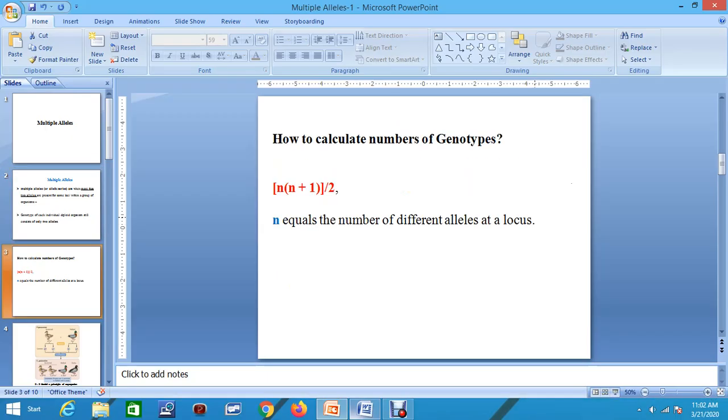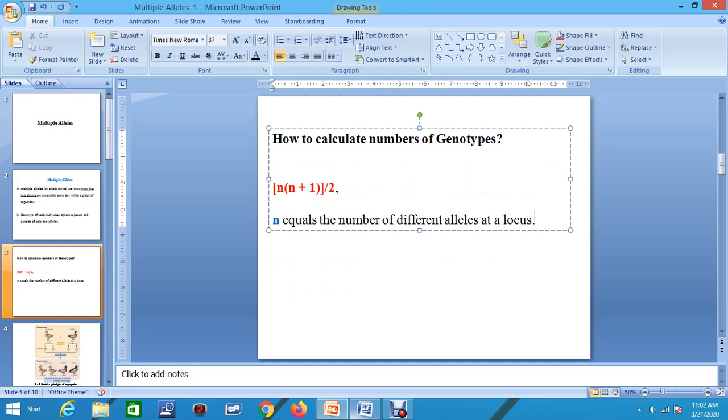Now, how can we calculate the number of genotypes when we have this case of multiple alleles? In that case, a formula is used: n(n plus 1) divided by 2. If we have three alleles for one organism, how will we calculate it?